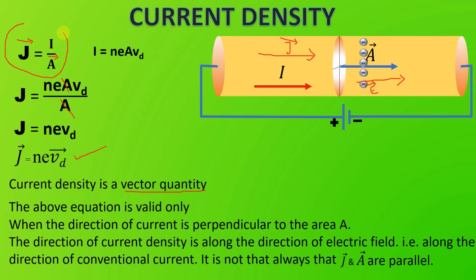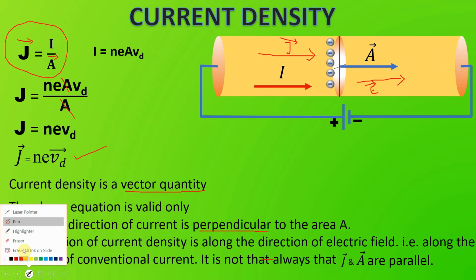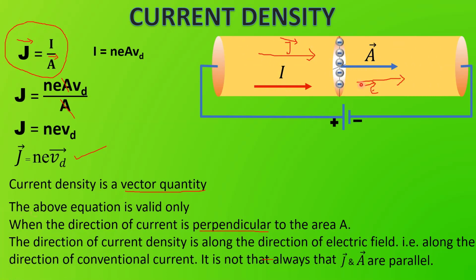So we must be careful that current density is a vector quantity, and this equation is valid only when the direction of current is perpendicular to the area, and the direction of current density is along the direction of electric field. When you consider the direction of the electric field, it is from positive to negative, and the direction of current density is along the direction of flow of current.